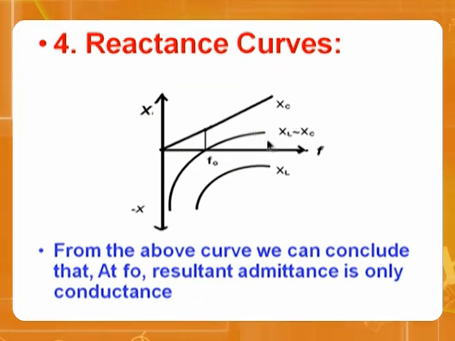Then reactive curves. Please observe, in series this was XC, this was XL, but now it is opposite. Then the overall will become again capacitive here, that means lagging, inductive here, that means leading. So lagging, leading phase angles will be there. So this is just the same as the previous one, only XL becomes XC, that's all.